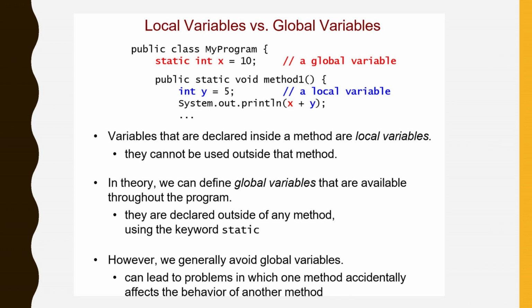You can see here that we used a static int to declare an int type variable x, and then we give a value of 10 to it. However, we generally avoid global variables because they can lead to problems in which one method accidentally affects the behavior of another method.